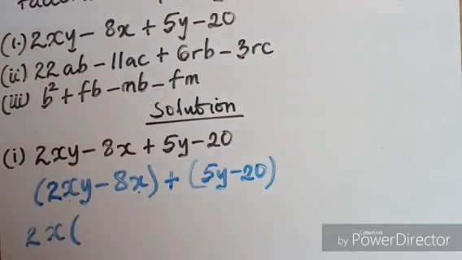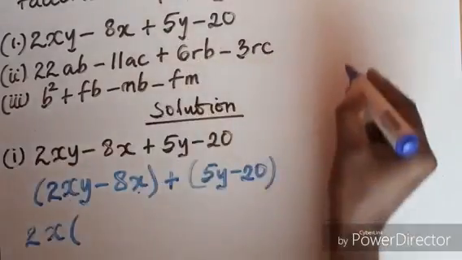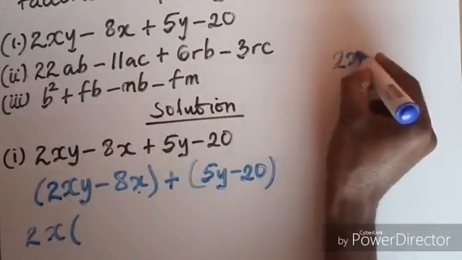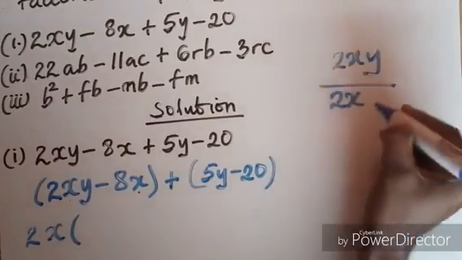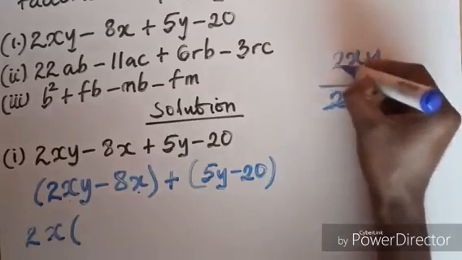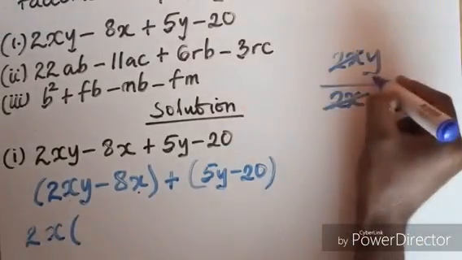In factorization, it's like you are dividing algebra. So when we said 2x into this, it is the same as what is at the top here, 2xy, now divided by 2x. The 2x is common, so it will cancel, leaving y.